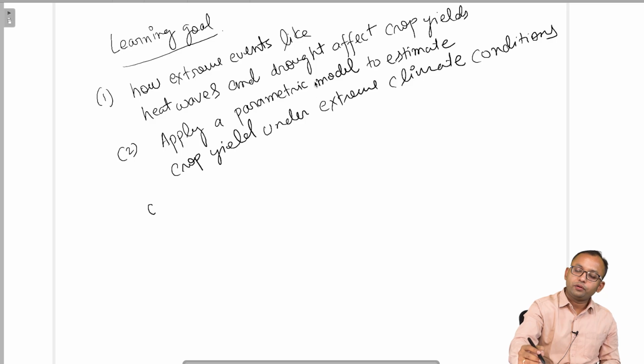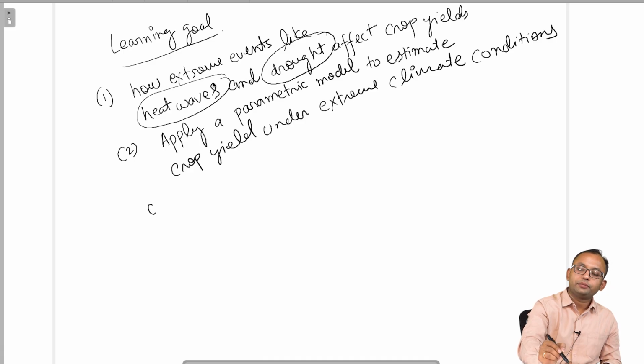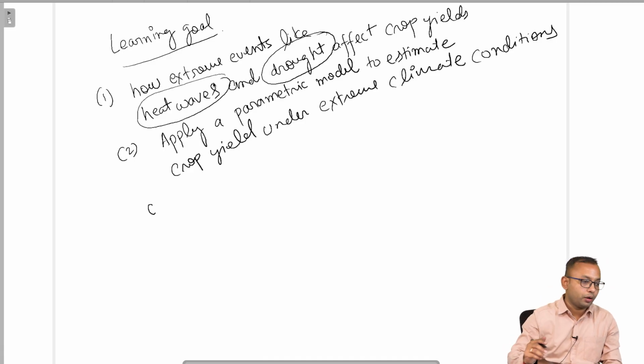First we will look at only drought events, and then we will also include heat waves and drought at the same time. That is kind of a compound extreme problem.